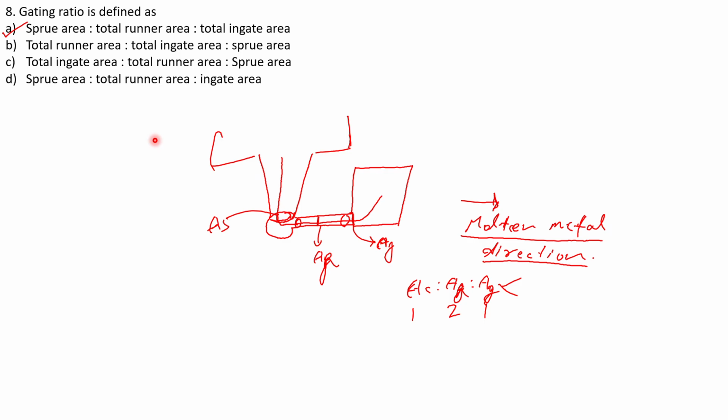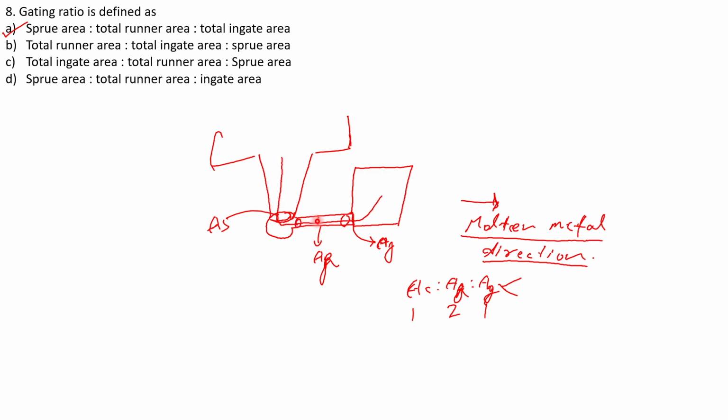Then coming to next question, gating ratio is defined as. So when we talk about gating ratio, the easiest route to remember the gating ratio is to remember the flow of molten metal direction. So molten metal will flow from your sprue.